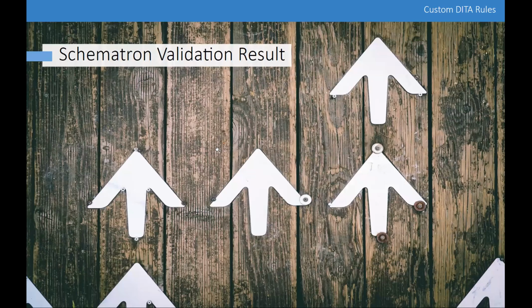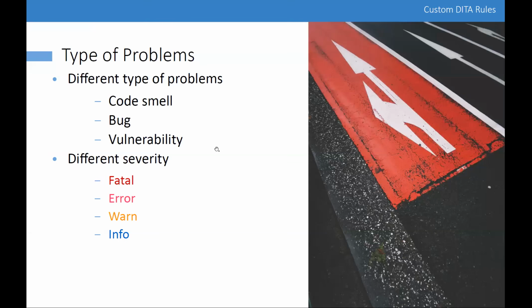Then let's discuss the Schematron validation result. So there are different types of problems that you can check with Schematron or define in Schematron. You can say that the problem is a bug or a vulnerability, or you can set different severities. You can say that it's a fatal error, or it's just a simple error, or a warning, or you want to say that it's just information. You don't want to scare the user, you just want to point out some hints to him.